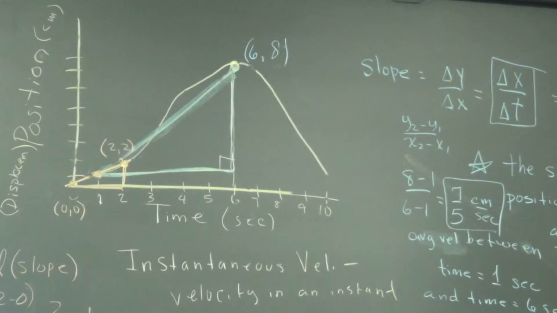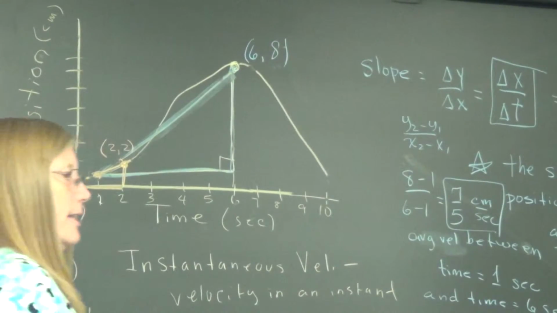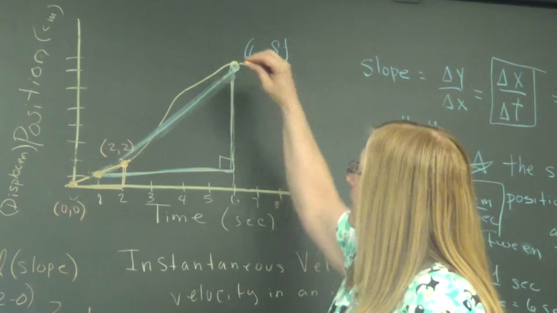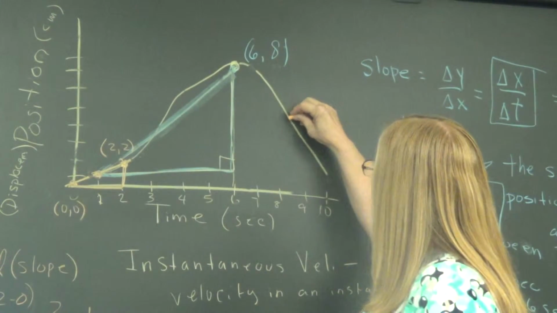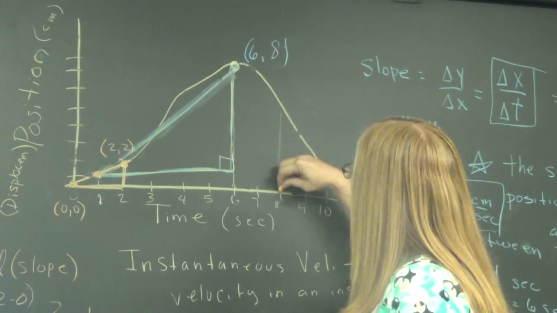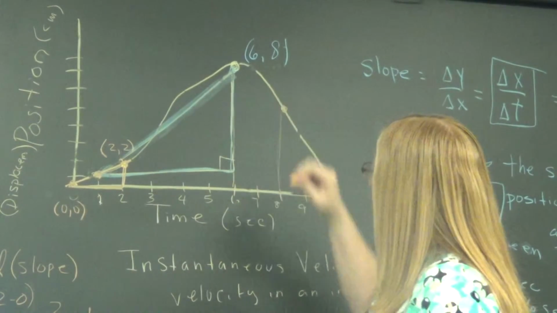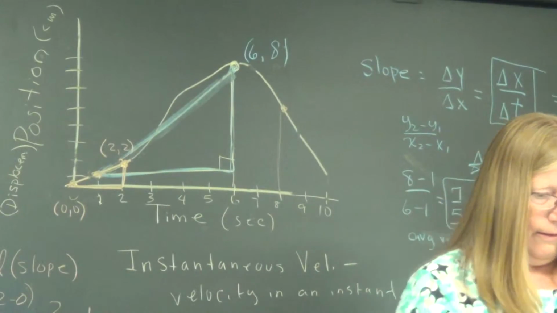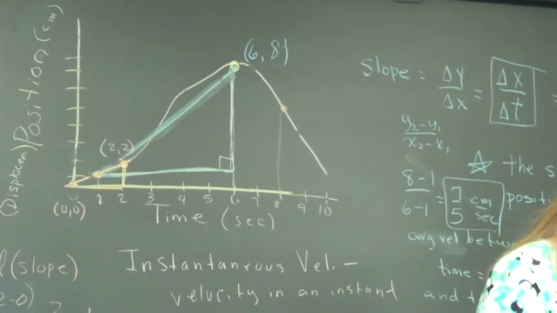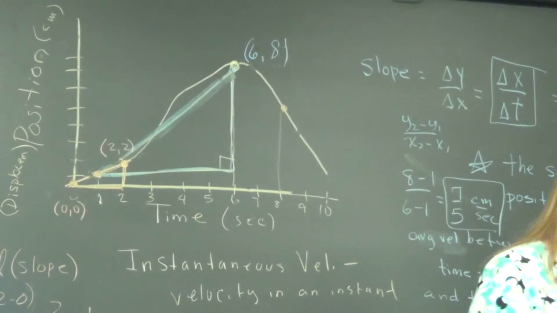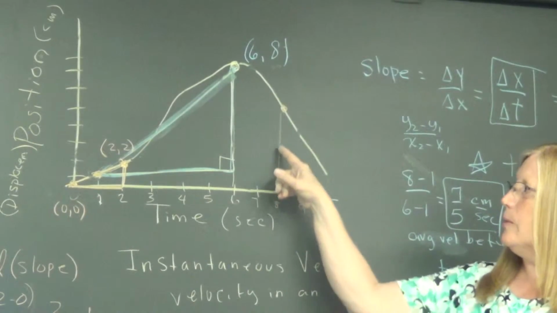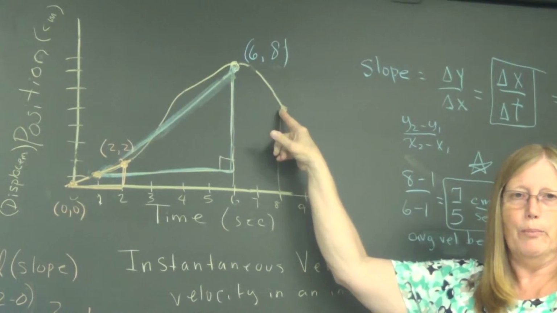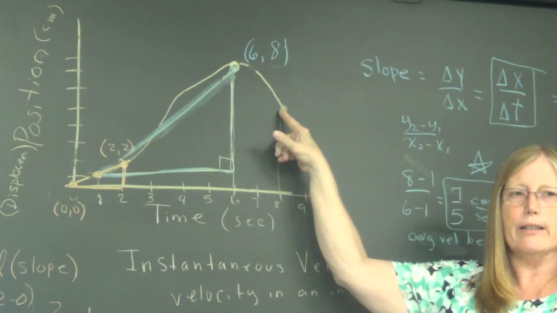We can actually find an instantaneous velocity anywhere on this slope. We can even find one where, let's try over here, right there at time equals 8. So what you're going to do is find time equals 8, go straight up from the 8 to the graph and establish the point where you want to find the slope.